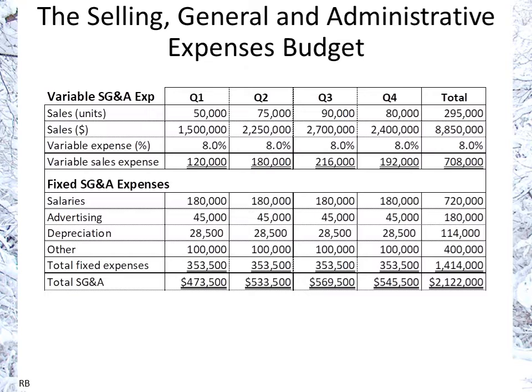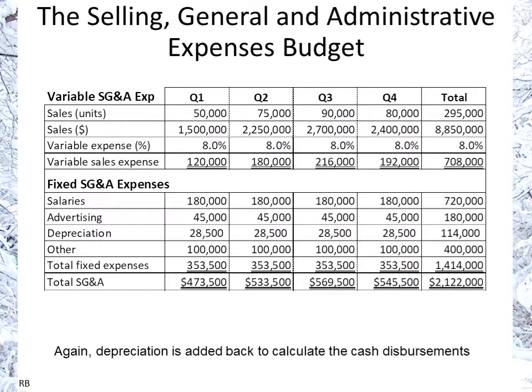Then we move on into fixed expenses, and there we have salaries, advertising, depreciation, and other. That gives us our total fixed expenses for the total sales, general, and administrative expenses. Again, here we have depreciation, so we're going to add that back to calculate the cash disbursements, which is the bottom line here.